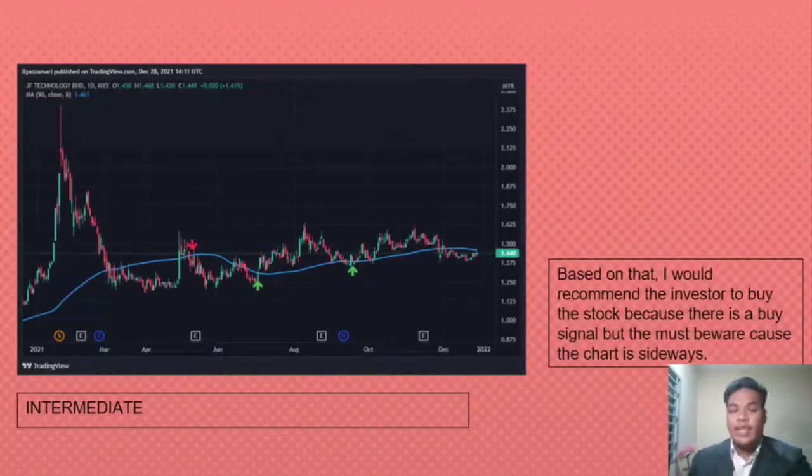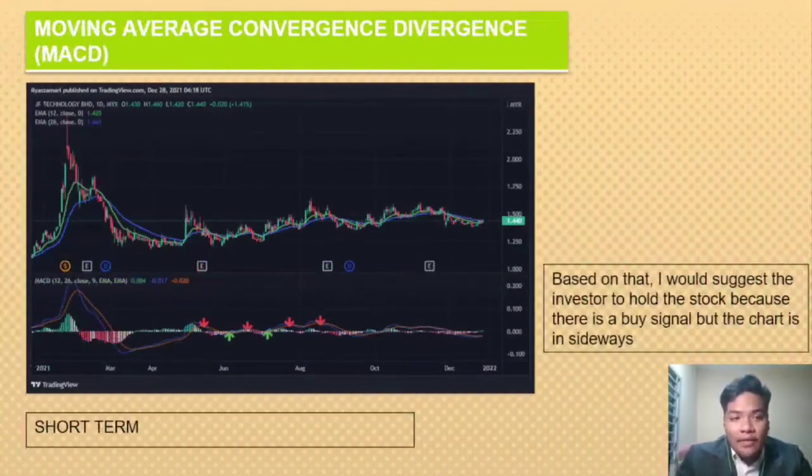So let's proceed with MACD for JF Technology. MACD for JF Technology is the same as the MACD for Hong Leong. The buy signal happens when the MACD line crosses above the signal line and also crosses above the zero line. The sell signal happens when the MACD line crosses below the signal line and the zero line.